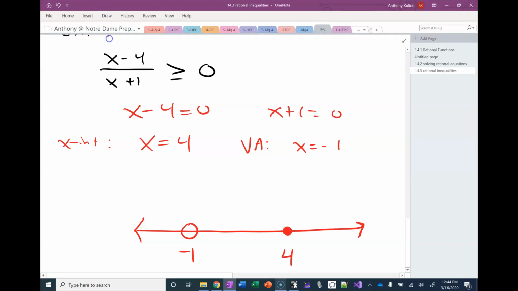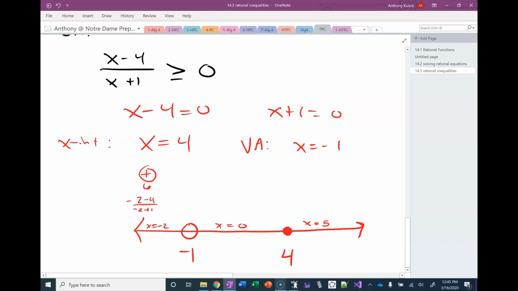So again, we're going to pick some test values. So let's pick, say, -2, say pick 0, and then let's say pick 5. So that's going to be (-2 - 4)/(-2 + 1), which is -6 over -1, which just gives me 6.